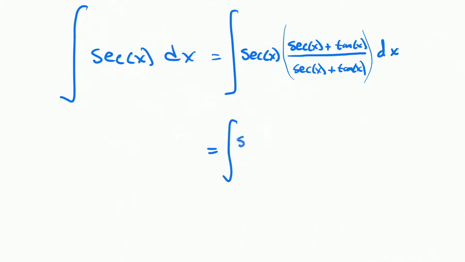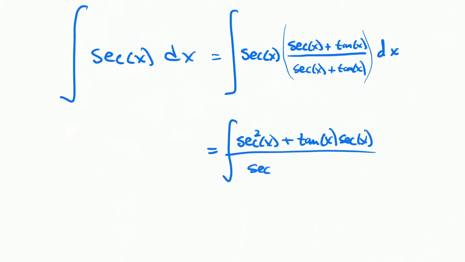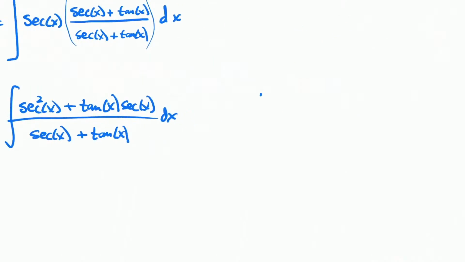So I have secant x squared plus tangent secant over secant x plus tangent. Okay, now the good stuff. Let's let u equal secant plus tangent. du: what's the derivative of secant? It's secant tangent.